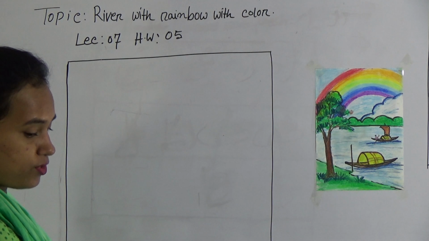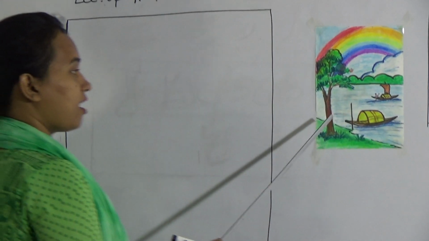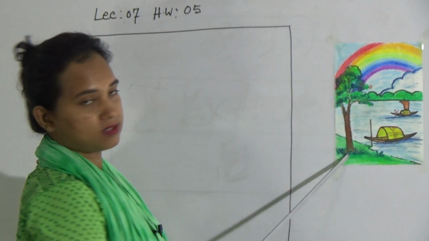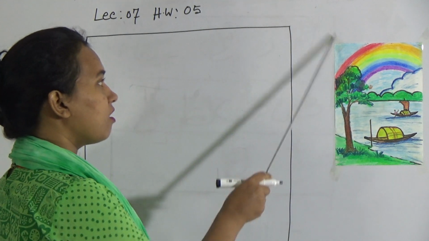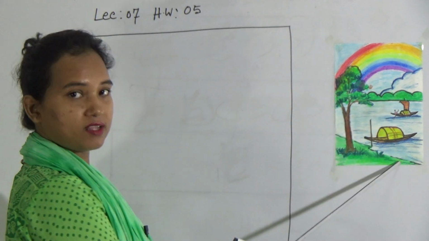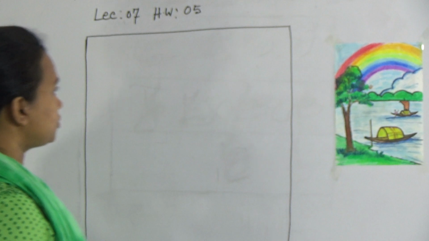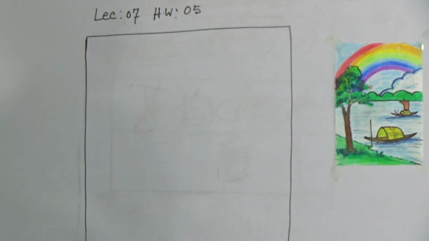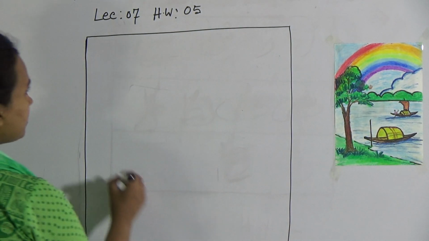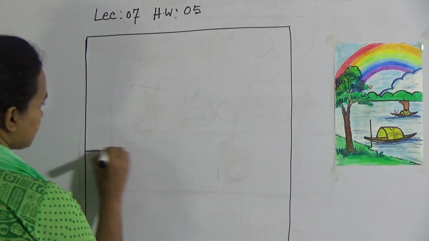Look, this one is your art copies page. I have used the page vertically. Okay, now I will show you how I will draw this. Just divide your page like this.